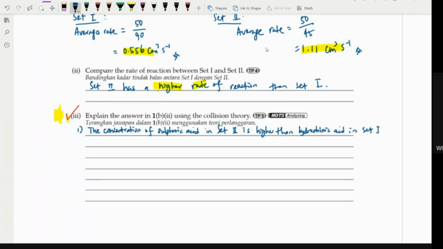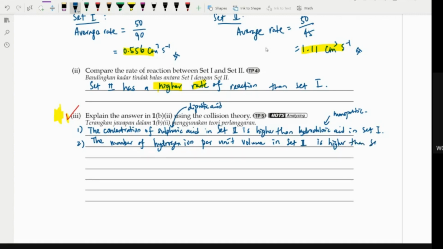Here you can also mention diprotic acid, and mention monoprotic acid for set 1 to show the concentration is higher. Point number 2, the number of hydrogen ions per unit volume, which is standard for the concentration factor, in set 2 is higher than set 1.